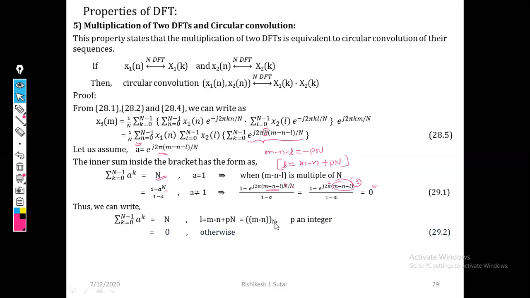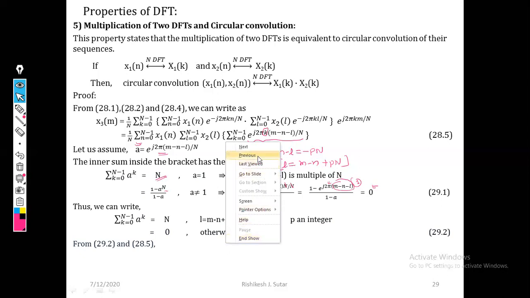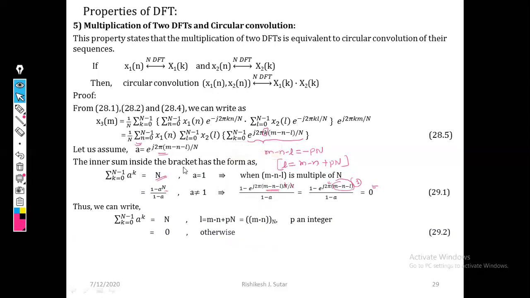So if A is equal to 1, I will get capital N. If A is not equal to 1, I will get 0. So this is my ultimate conclusion from this calculation. I can put this value in this expression, and I can go further now.